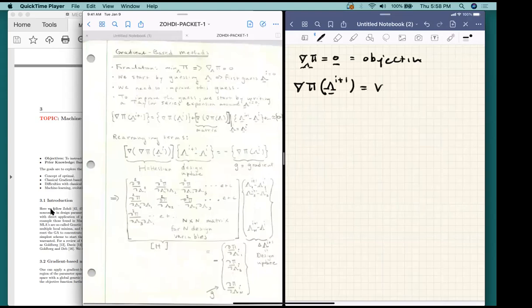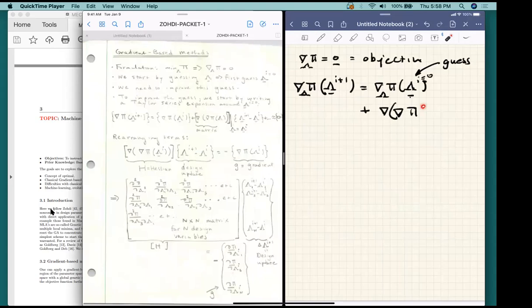So bear with me, I'm just writing this out here. My very first guess, i equals 0. I'm going to guess the parameter states, and I'm going to expand around it by taking the gradient of the gradient of pi.